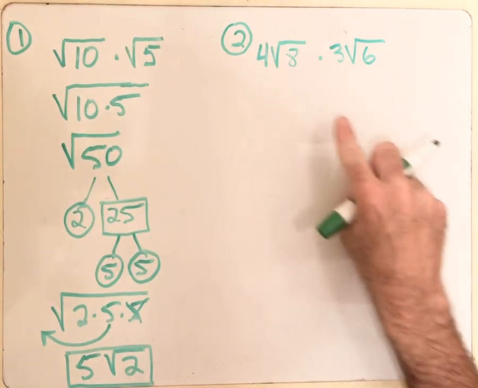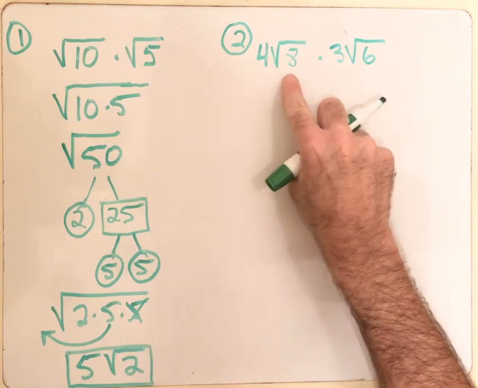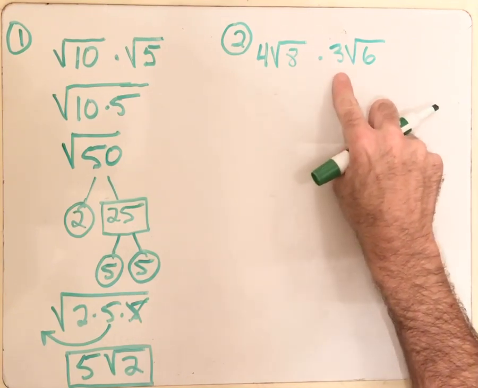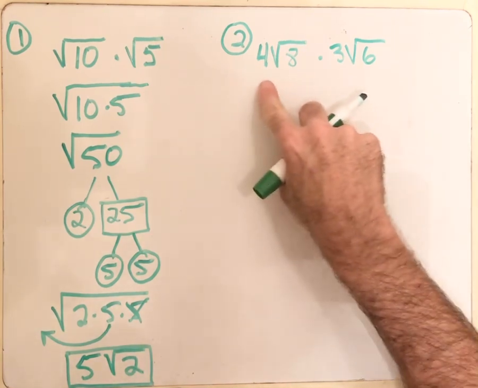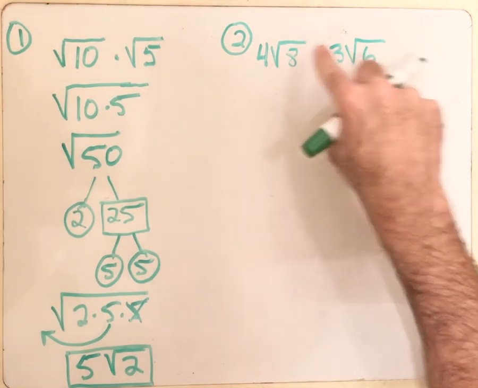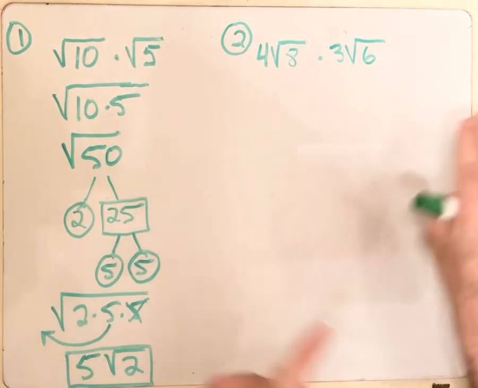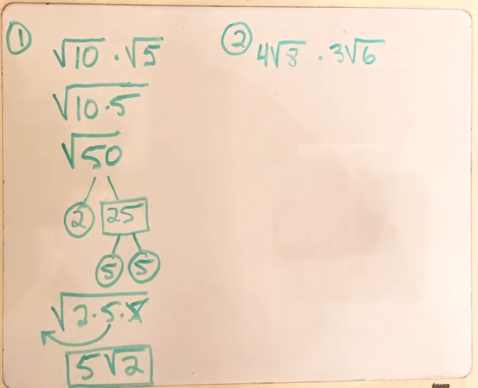But looking at problem number 2, we see we've got 4 times the square root of 8 times 3 times the square root of 6. Well, the associative or commutative property of multiplication says that since we're multiplying all these, with no addition or subtraction in here, we can rearrange this and multiply them in any order that we want. So let's multiply them in an order that helps us.